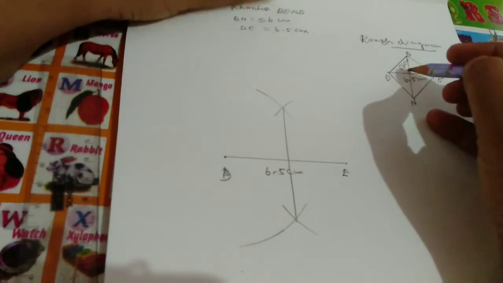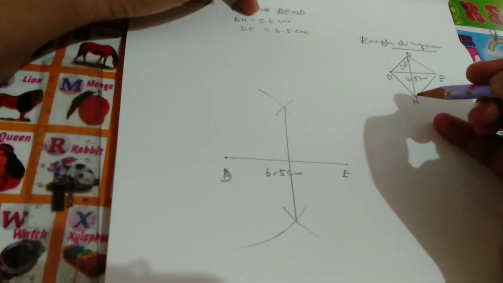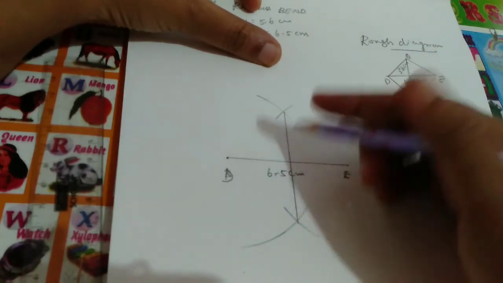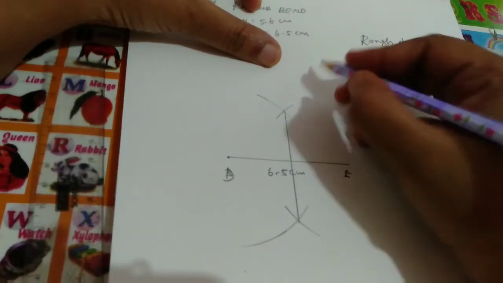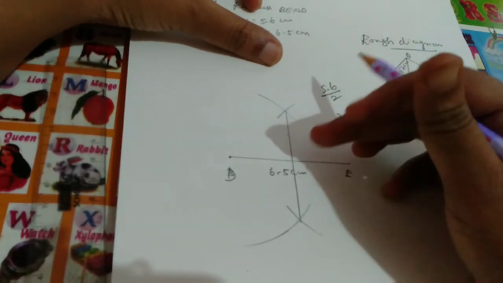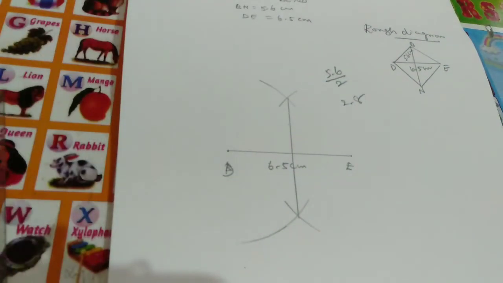Next, on the perpendicular bisector the length is 5.6. So a little bit comes on this side, a little bit on this side. It is exactly divided into half. This side equal, this side equal. So 5.6 divided by 2 is how much? 2.8. So on both sides it comes to 2.8 centimeter.